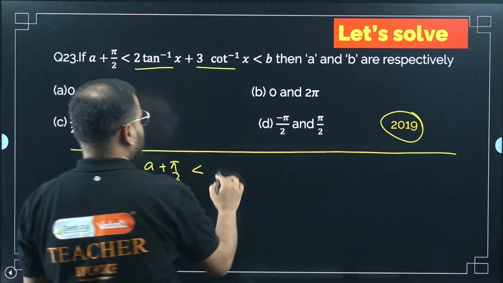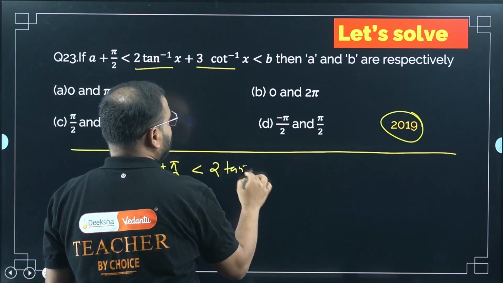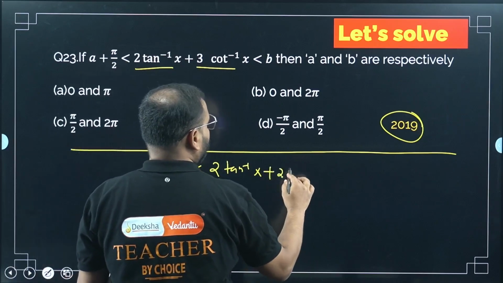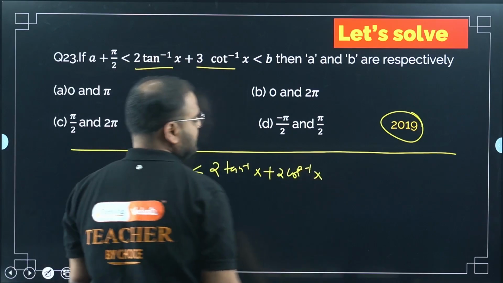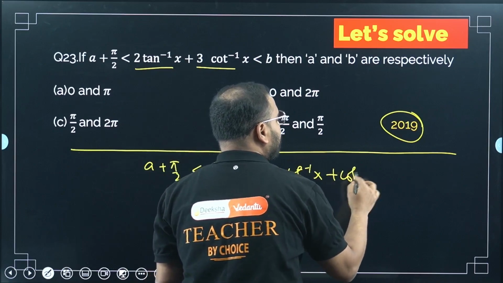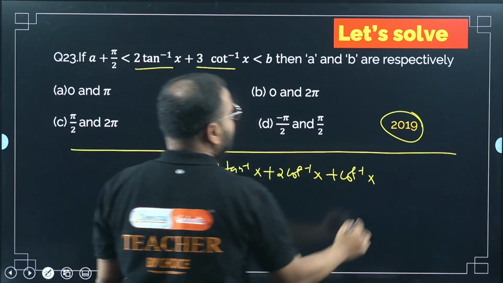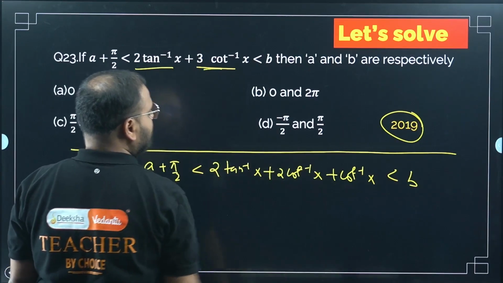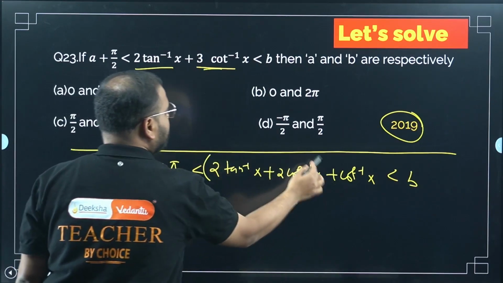So I can club this as 2 tan inverse of x plus 2 cot inverse of x plus cot inverse of x. Everybody will agree with me. I split this 3 cot inverse of x as 2 cot inverse plus cot inverse of x. I can club this together.